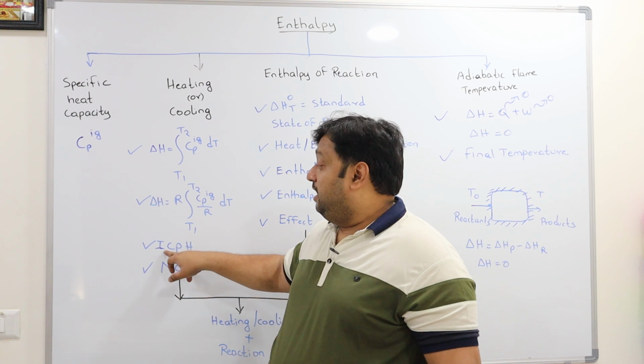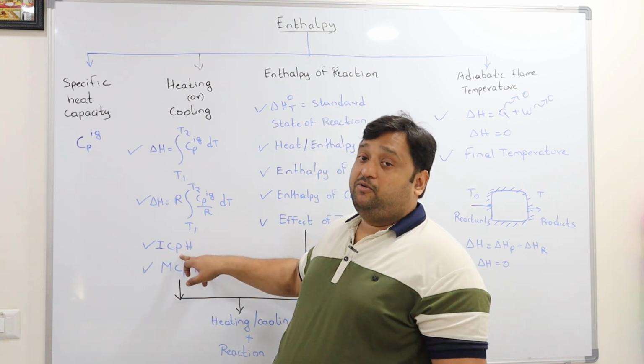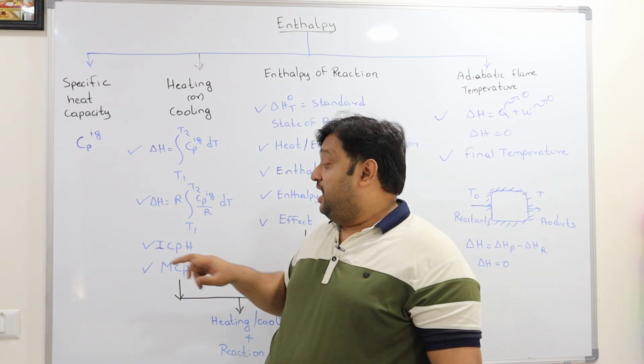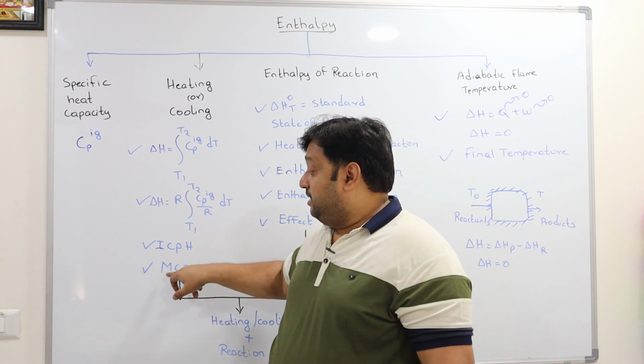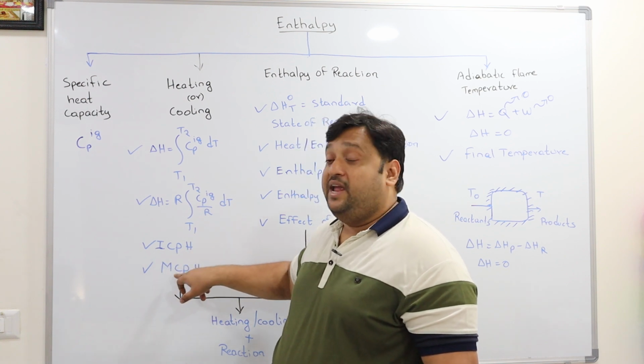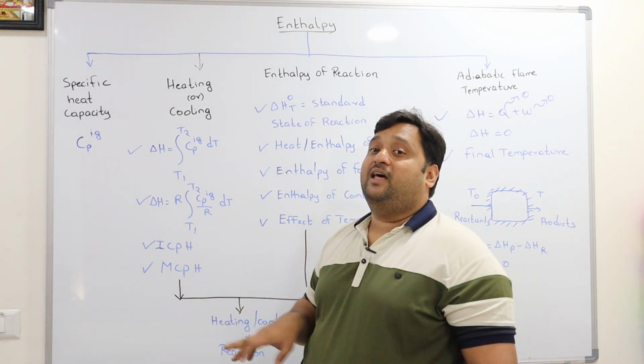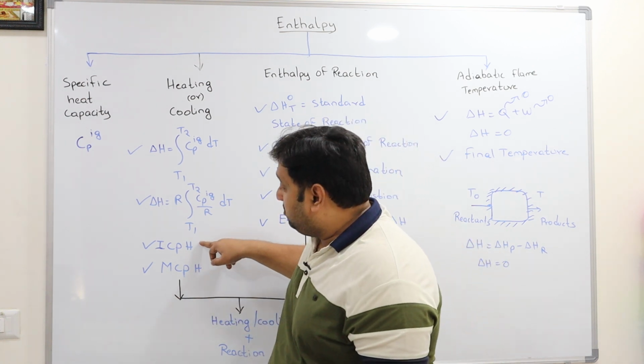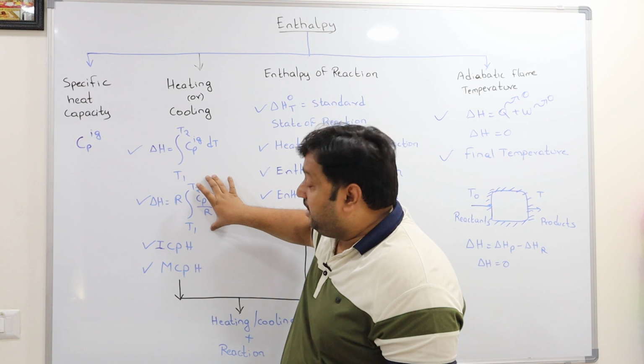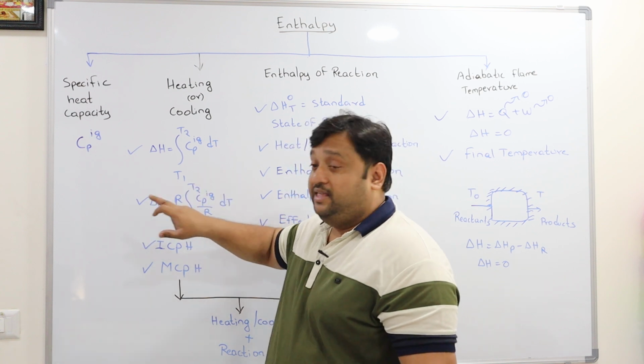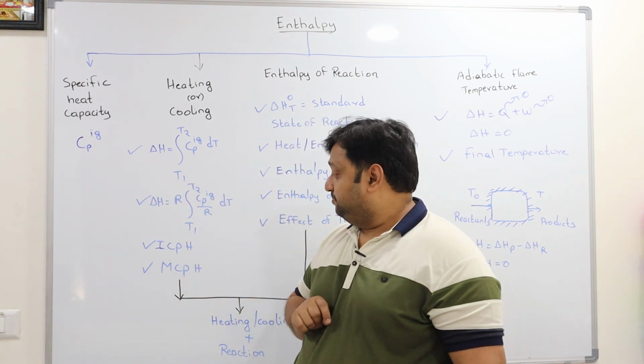ICPH means integral of Cp to calculate the enthalpy. MCPH means mean heat capacity to calculate the enthalpy. That means you can use either this term or this term to evaluate this integral to calculate the change in enthalpy.